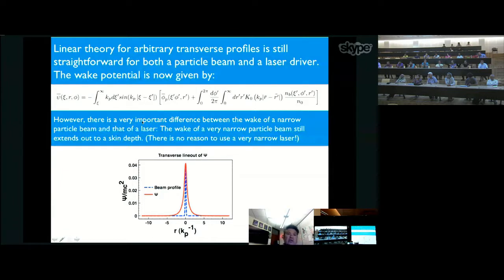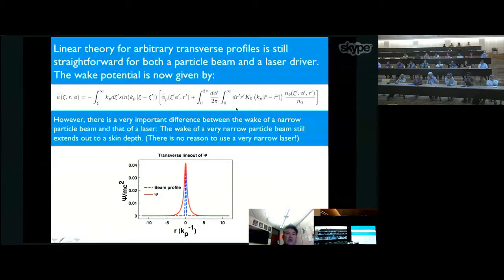This leads to a very important difference between the wake from a particle beam and a laser when it's very narrow. This is a plot of the pseudopotential versus radius. The dashed line is the beam profile, which is very narrow compared to a skin depth. And the red curve is the wake potential, which still extends out to a skin depth.